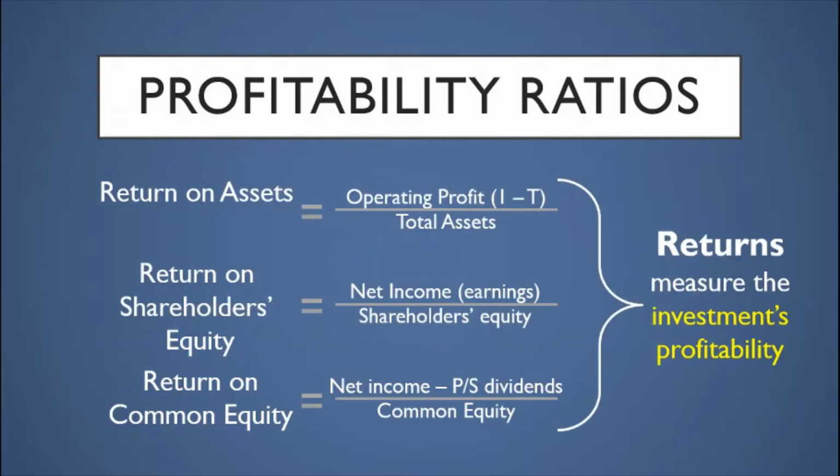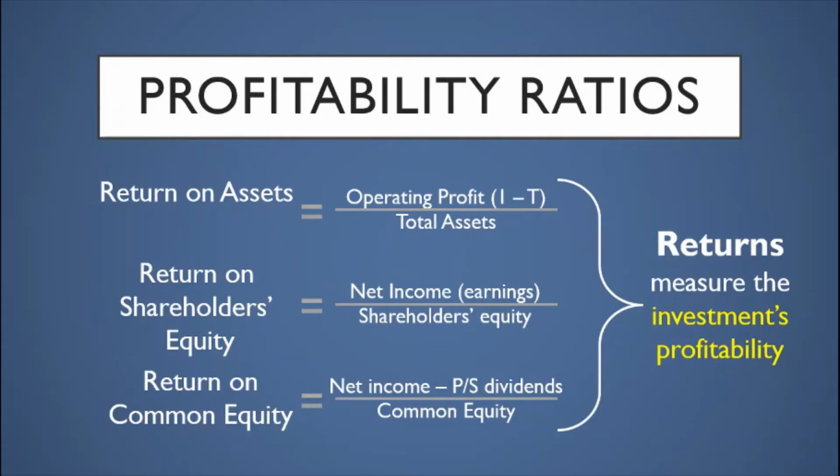So the profit measure that would be relevant for both debt and equity would be the operating profit after tax. In other words, interest expense should not be deducted yet. This is because interest expense is the profit that is payable to the debt participants, to the holders of bonds, for example.